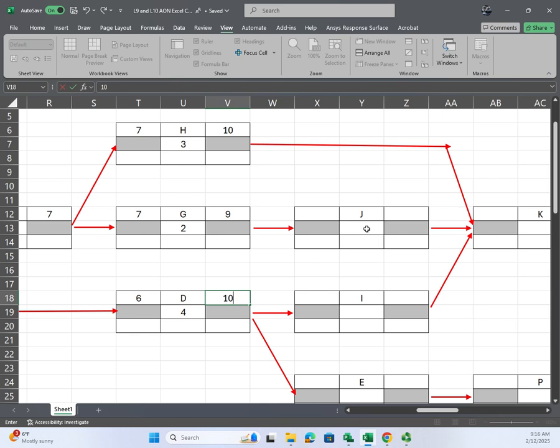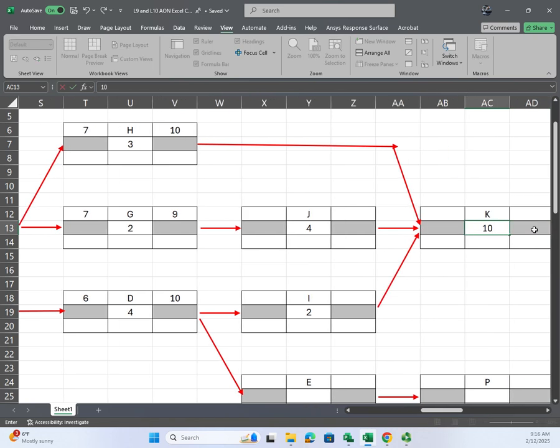J is 4, I is 2, and then K is 10. All right. Give you guys a chance before I fill them out. Do the early starts for J and I, and don't do K yet.